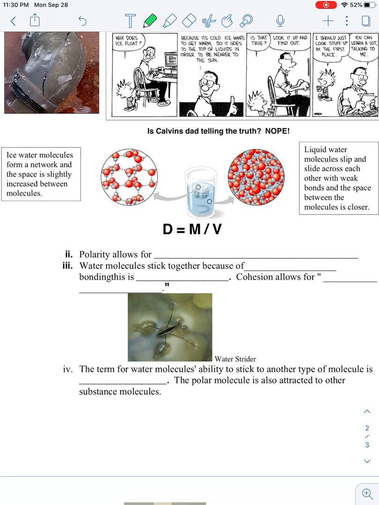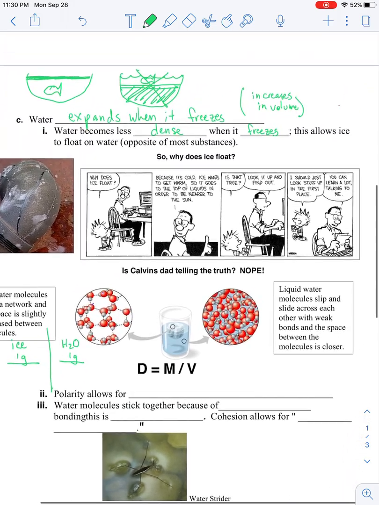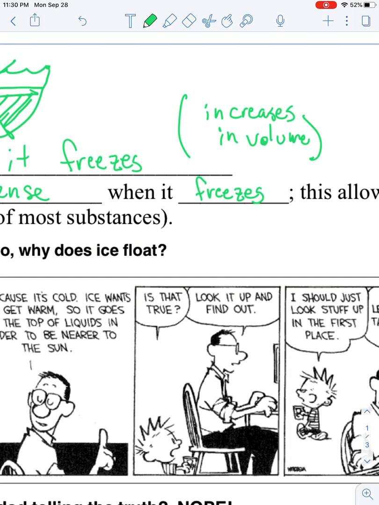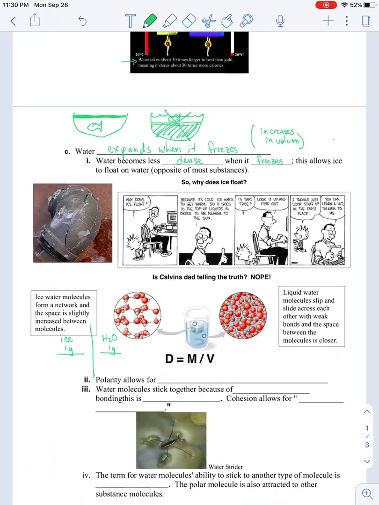Now, numerically why this happens, let's just do a little math on the side here. Let's do ice and let's do water. And let's pretend we have a gram of water and we have a gram of ice. Based on what I told you up above, ice increases in volume.